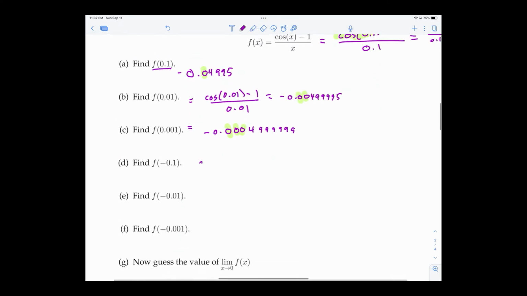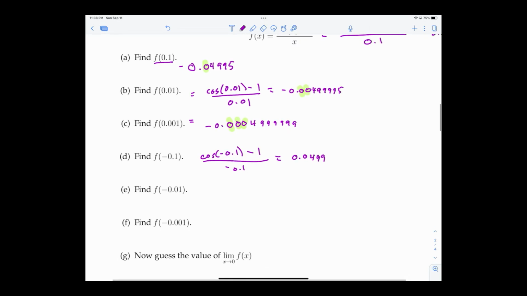So we're going to have cosine negative 0.1 minus 1 over negative 0.1. So we work this out, and we get actually positive 0.049995.